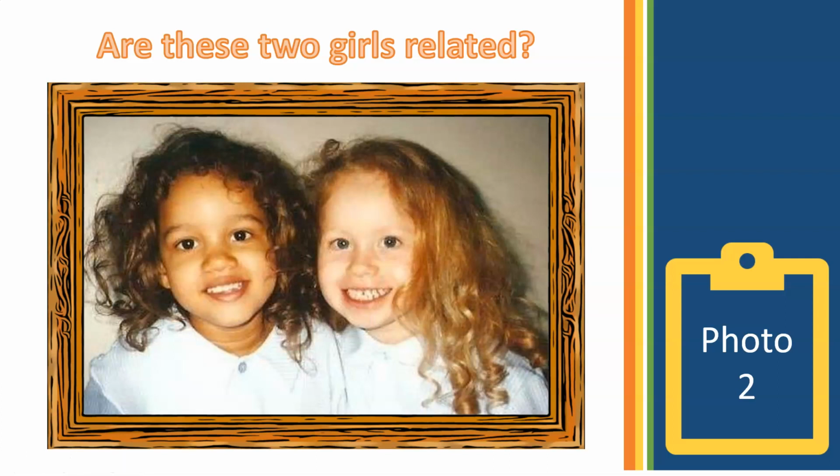Are these 2 girls related or not related? It's okay to change your thinking based on this new evidence. Scientists do that all the time. But it's also okay to keep your claim and further support your thinking with some new evidence that you're figuring out. Pause this screencast now and write your new claim along with your evidence and reasoning.